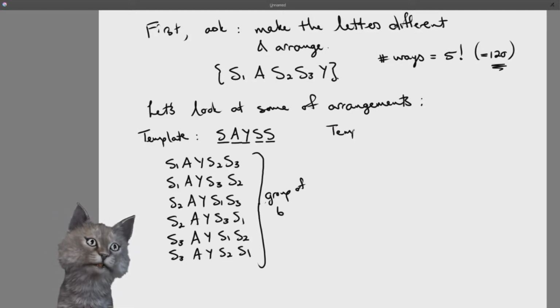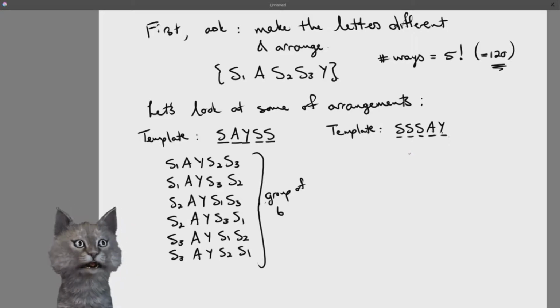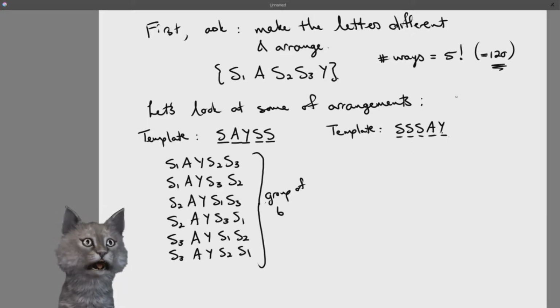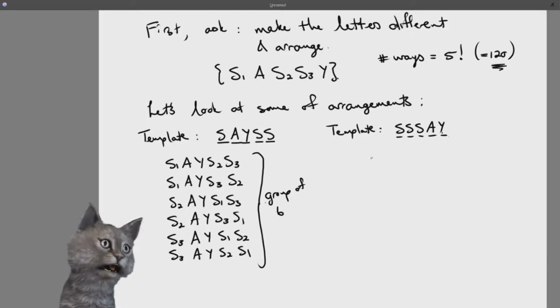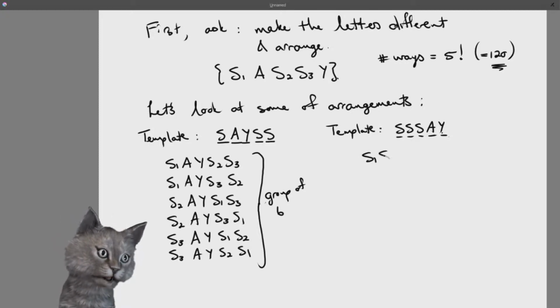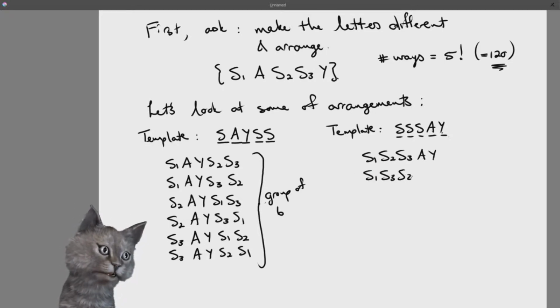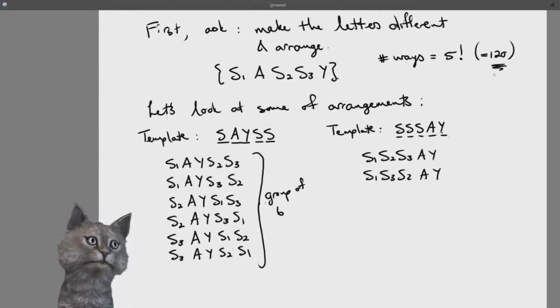Let's find another template. There are, of course, many. Another template could be, say, where all 3 S's are at the start and then the A and the Y. But because they're all labeled, the 120 will contain a couple of different ones. It could be S1, S2, S3, A, Y. S1, S3, S2, A, Y. Those are different.